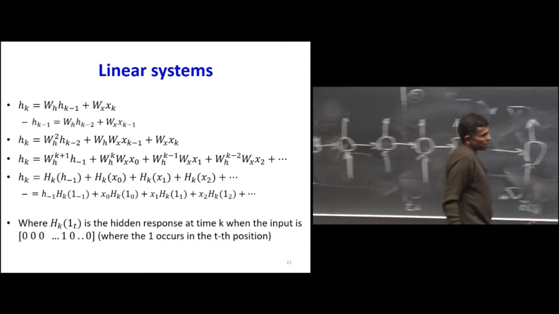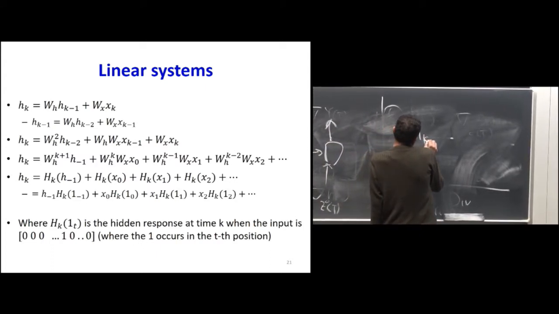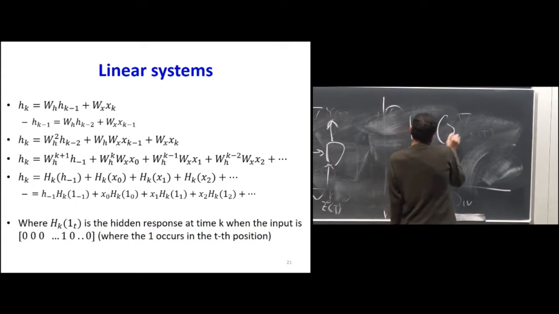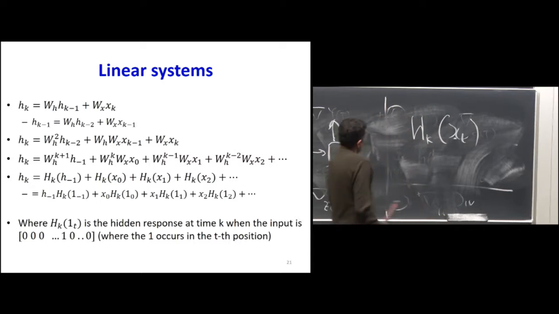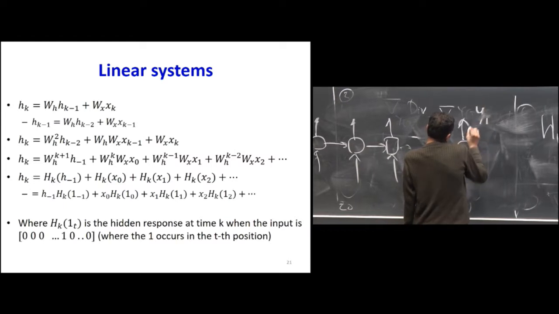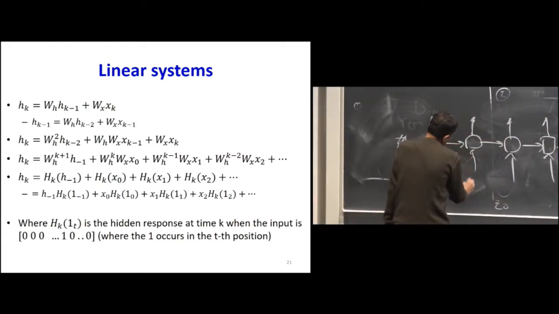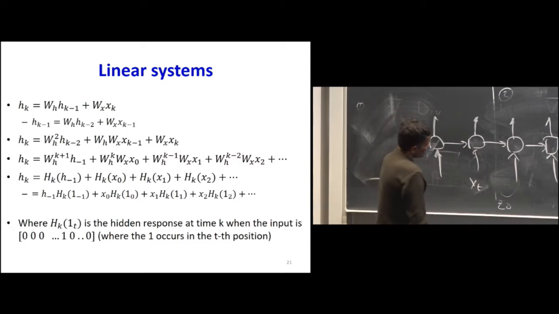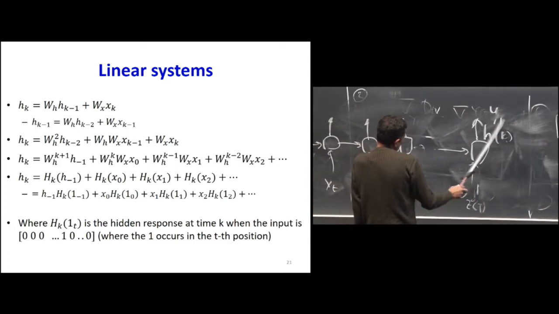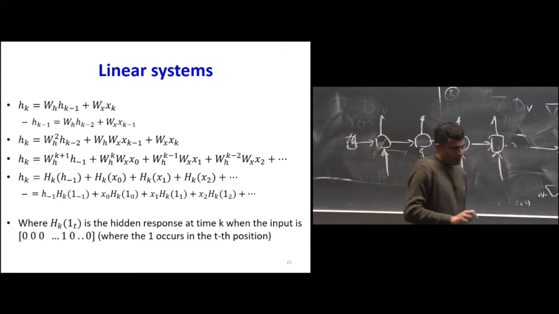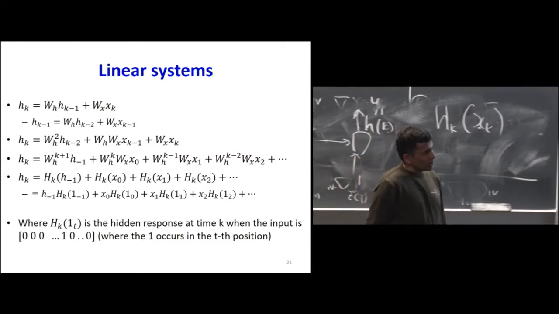Suppose I can write this term out, which is hk, I'll call this capital X, hk of xt. hk of xt represents the hidden value, h of k, as a function of an input at time t. So hk of xt basically says, what would this be if the only input I had was at time t, and everything else was 0, I had no other inputs?